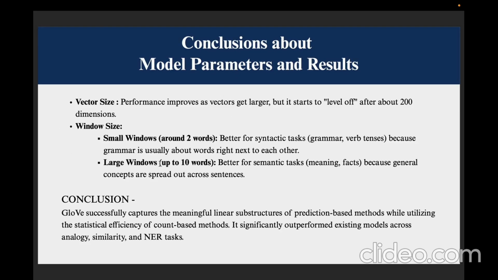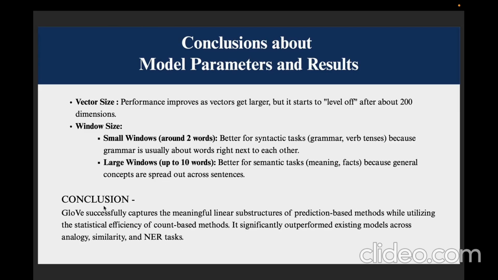While the larger windows, let's say up to 10 words, were better for semantic tasks like gathering meanings and facts, more like what kind of document this was, or what hierarchy it belonged to, or what main focus the NER system should be shown about the document, and these general concepts are spread out across sentences.